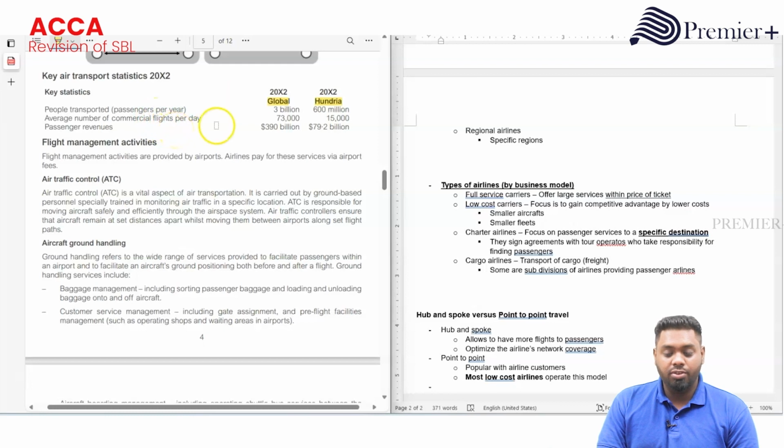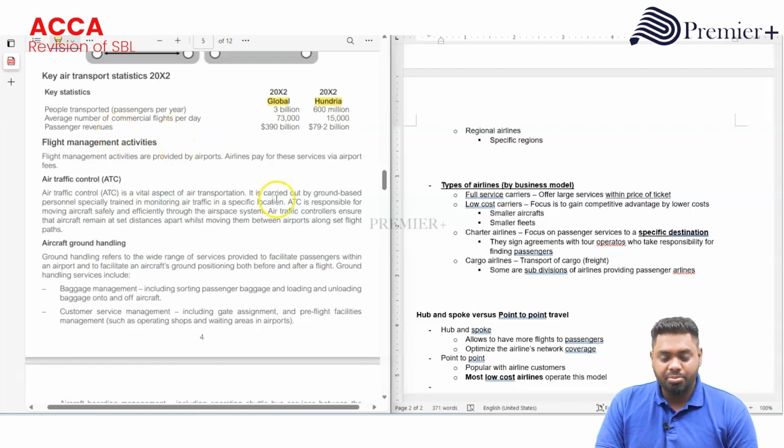Average number of commercial flights per day: 73,000 and 15,000. Passenger revenue: $390 billion and $79.2 billion. So this looks at the comparative share of the total global landscape.